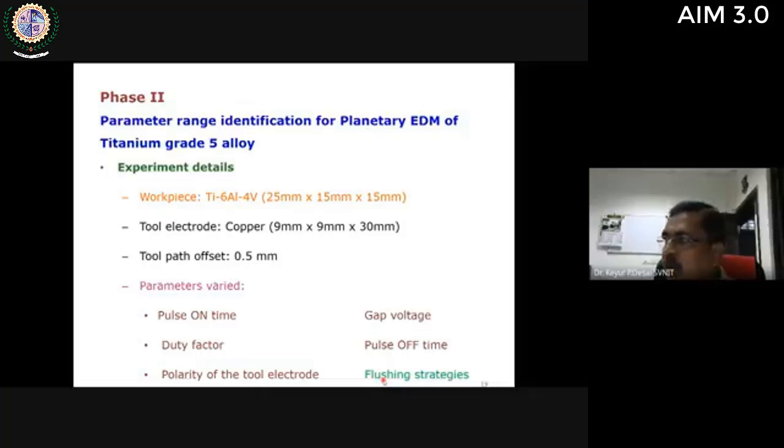But we also thought that instead of pressurizing with a nozzle, if we carry out suction from the machining zone, then that will also help us clean the products of machining, which are nothing but carbon particles and other particles.